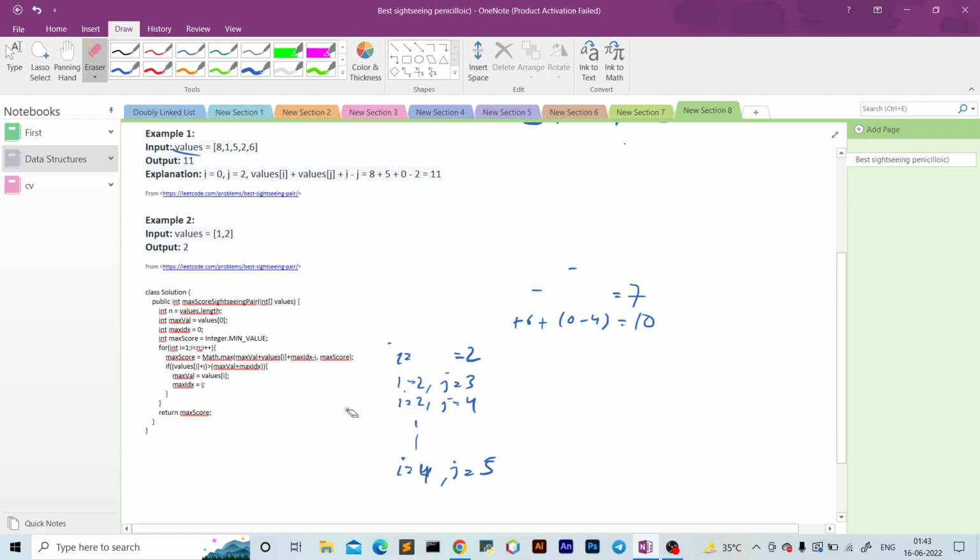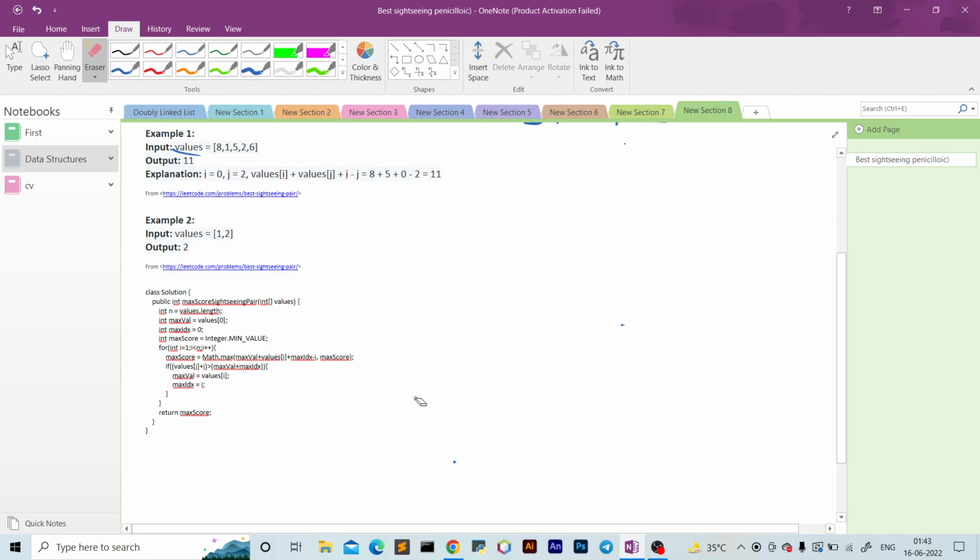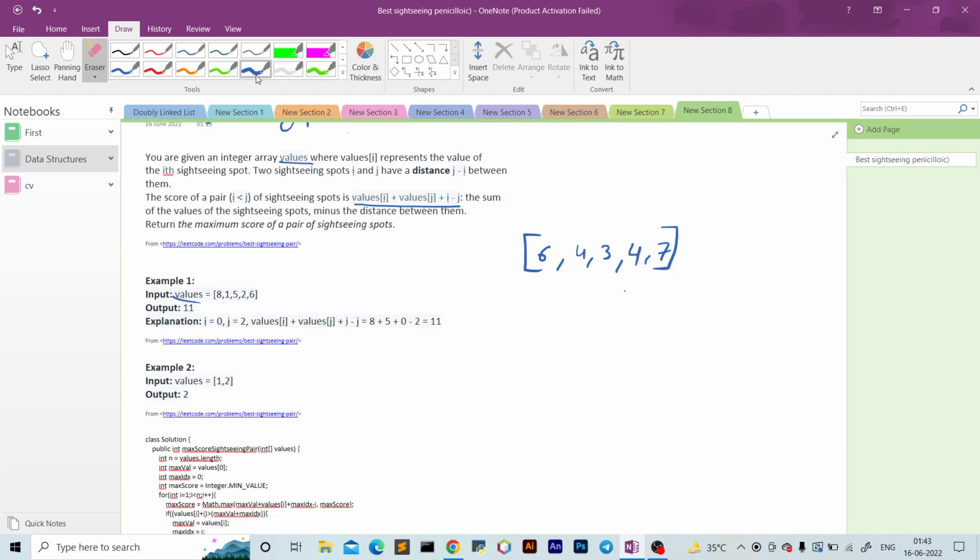An optimal solution basically requires a simple observation, which is we just want to maximize I plus values of I. If we maximize this, then this term would be maximum.